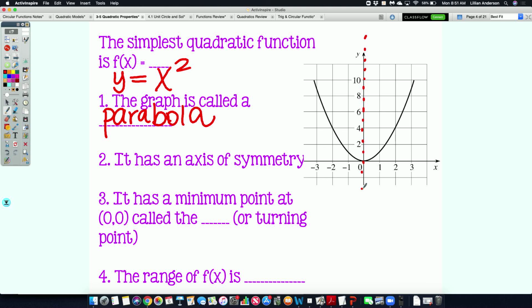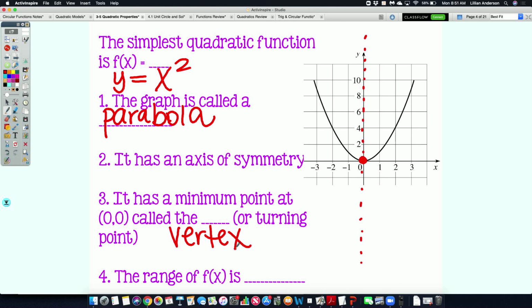Now, the middle of the quadratic, you have this point right here. Not the apex, it's called the vertex. Okay, it is called the vertex. It's also known as a turning point. Okay, where the graph goes from decreasing to increasing or increasing to decreasing, that's called a turning point or a vertex. In this particular case, on a quadratic.